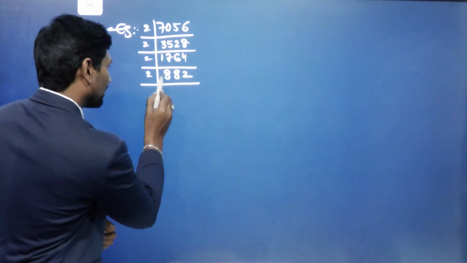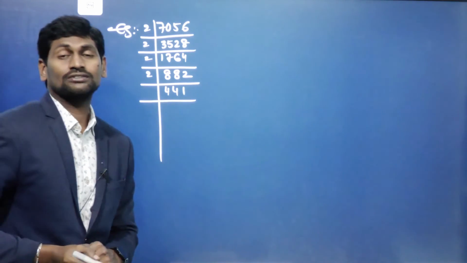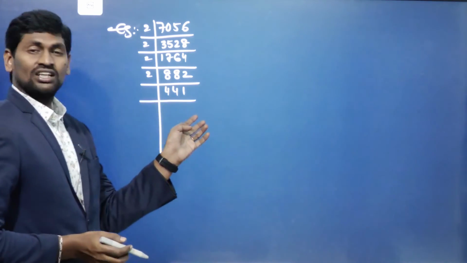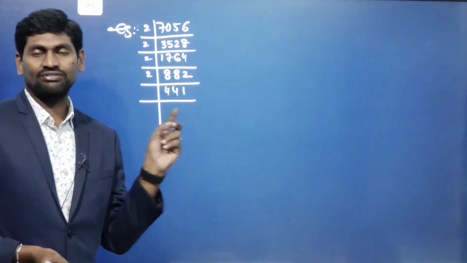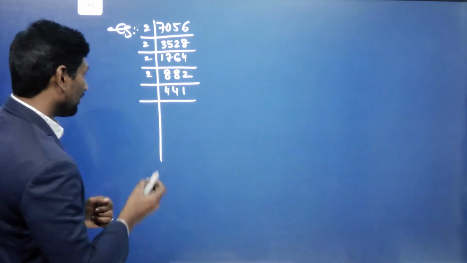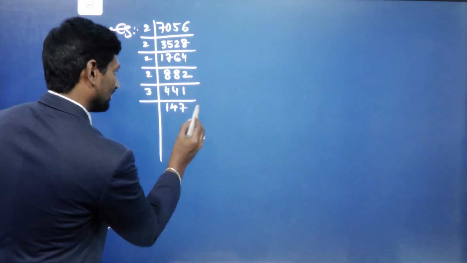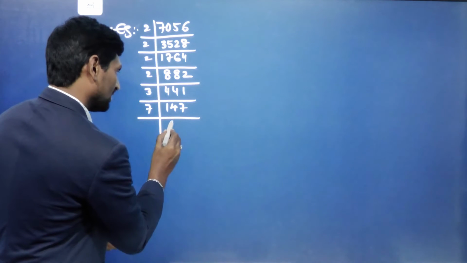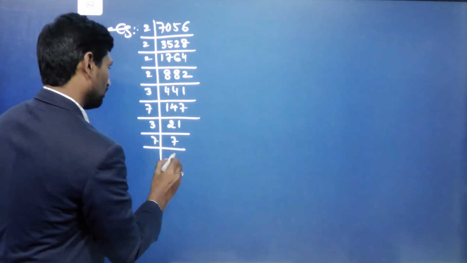Again 2 table, 2 4s and 2 1s. 441. 441 is a square number, or you can use divisibility rules. 4 plus 4 plus 1 is 9, so it will come in 9 table or 3 table. But we are using only prime numbers, so 3 table we have to take. 3 1s are 3, 3 4s are 12, 3 7s. 147 will come in 7 table, 7 2s, 7 1s. Again 3 table 7 times, 7 table 1 time.